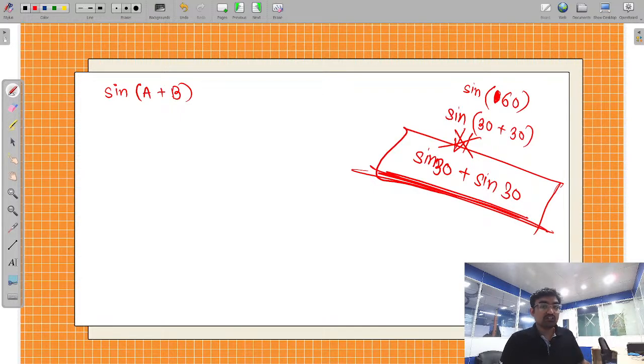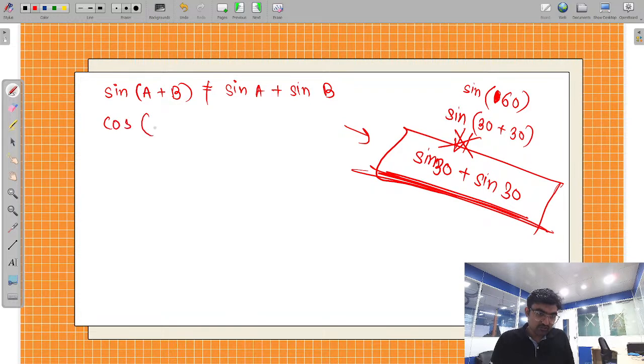If you see the trigonometric table, the value of sine keeps on increasing from 0 to 90 degree. Correct? And for cos, it's ulta. That means the value will keep on decreasing from 0 to 90 degree. Got it? And this same identity, remember this, sine a plus b is not equal to sine of a plus sine of b.